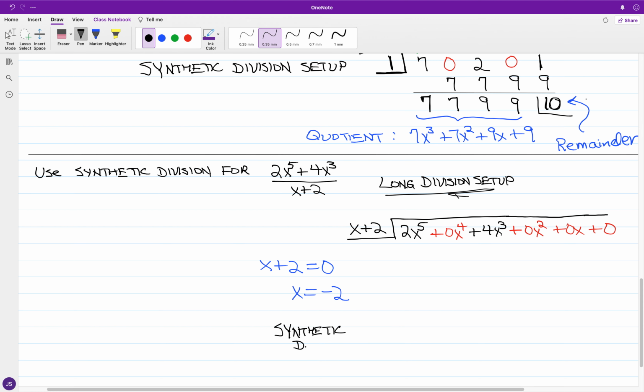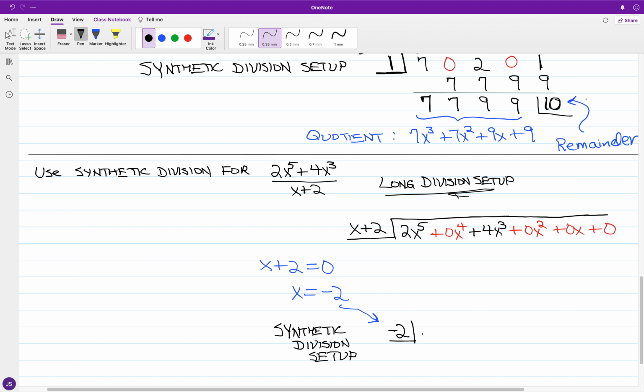With x equal to negative 2, negative 2 represents x plus 2.